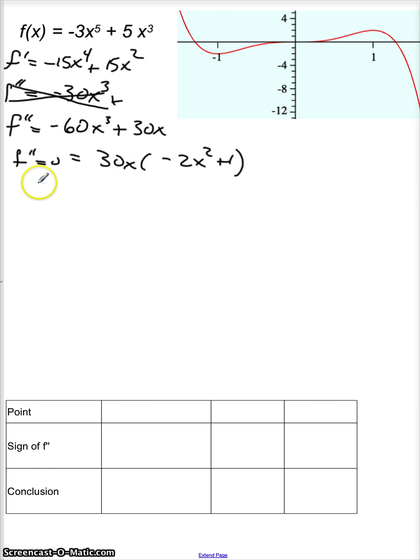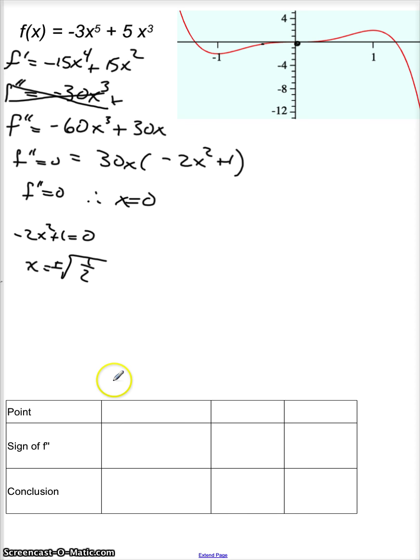So f double prime is 0 when x is 0, so that's one point. And the other one is when negative 2x squared plus 1 is 0, or when x is plus or minus the square root of 1/2. I'm going to leave it in that form.